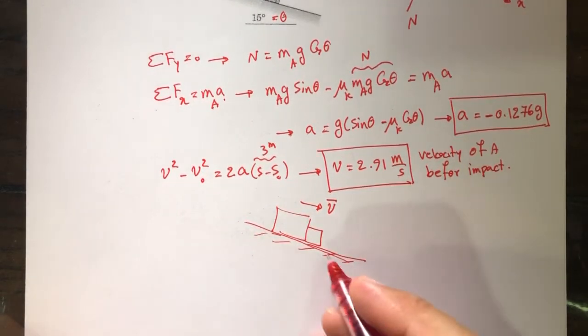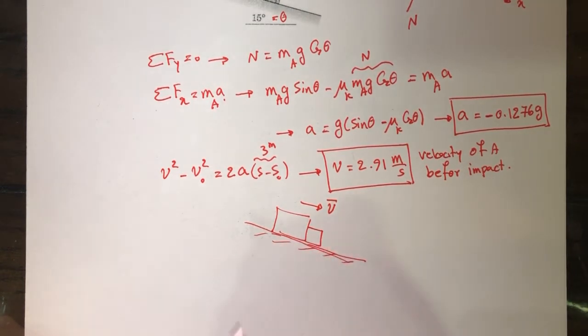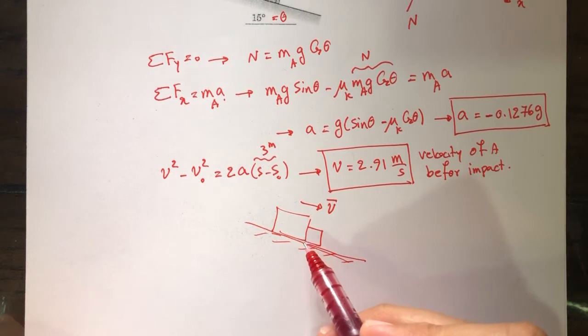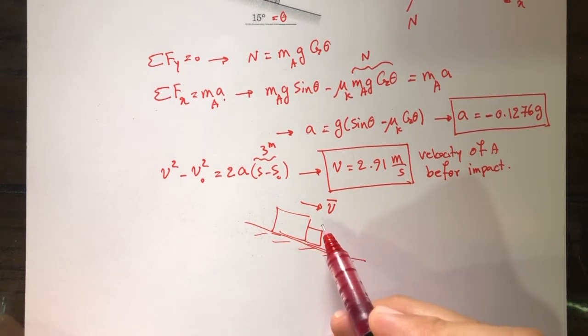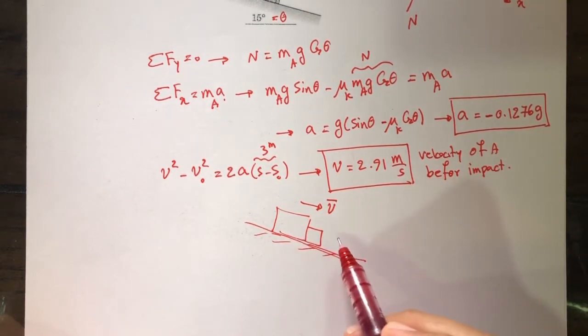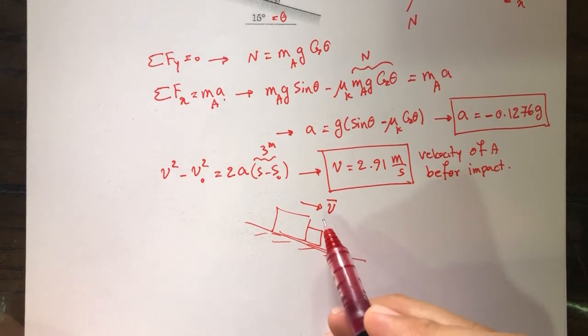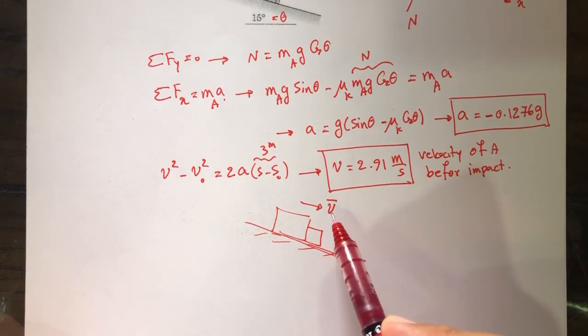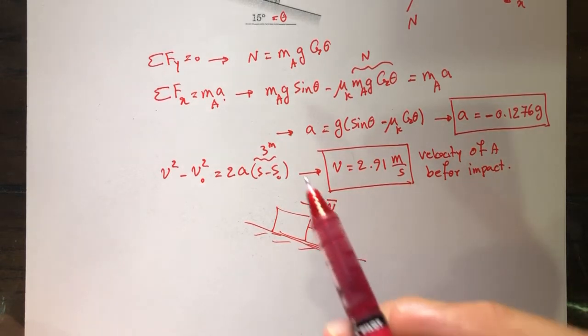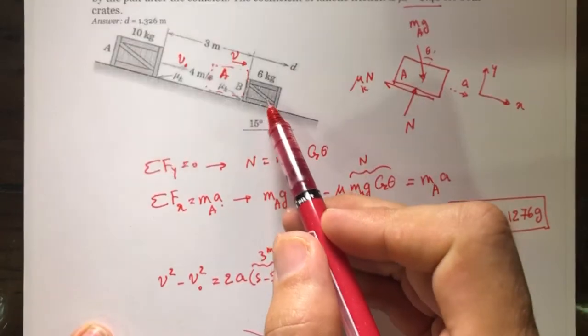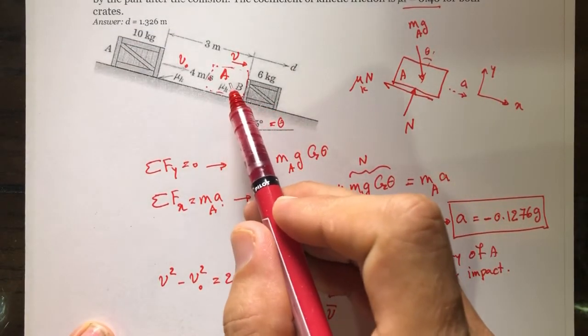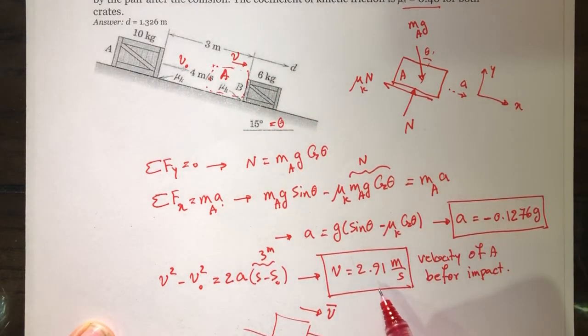Now you need to consider two moments: immediately before impact and immediately after impact. Before impact, the velocity of box B is 0, velocity of box A is 2.91.